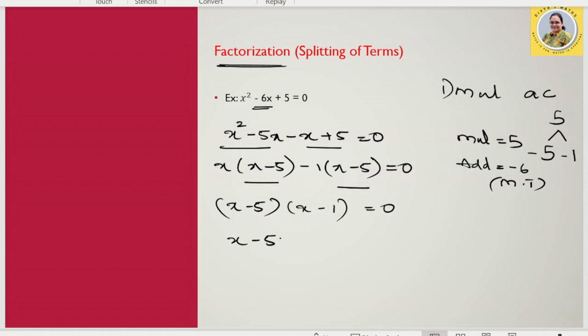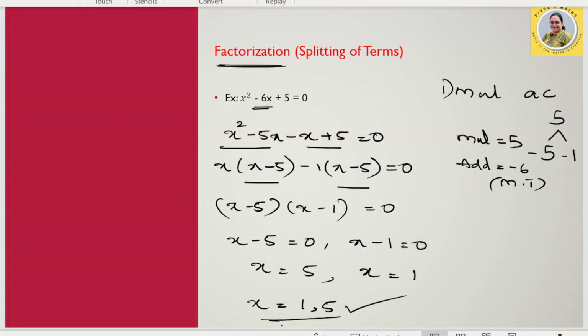Now x minus 5 is equal to 0 and x minus 1 is equal to 0. If I send this minus 5 to RHS, you will have x is equal to 5, and if I send minus 1 to RHS, you will get x is equal to 1. So the roots will be x is equal to 1 and 5. These are the roots of this quadratic equation.